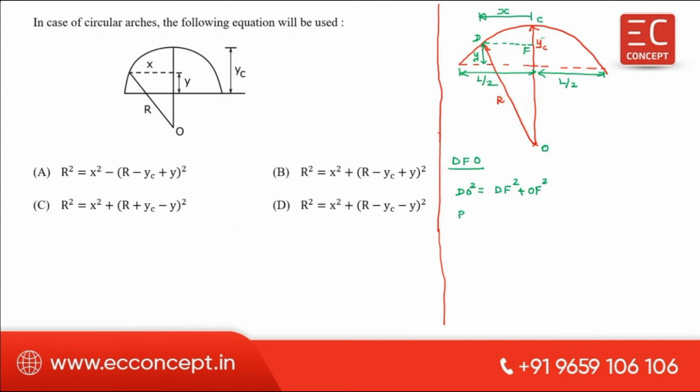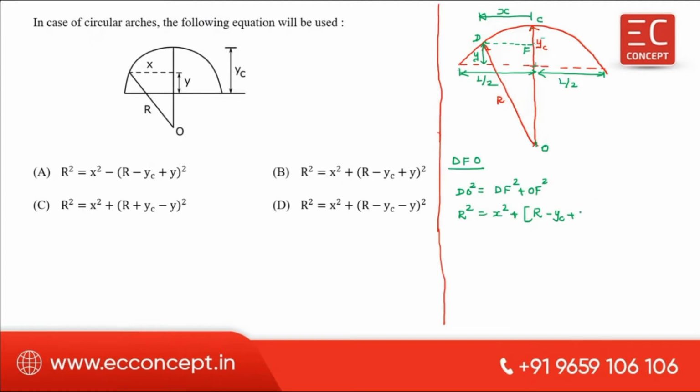Now DO square we can write as radius R square, which is equal to DF, which is x square, plus OF. OF we can write as the total R minus YC, you subtract this amount, then you will get up to here, plus this y.